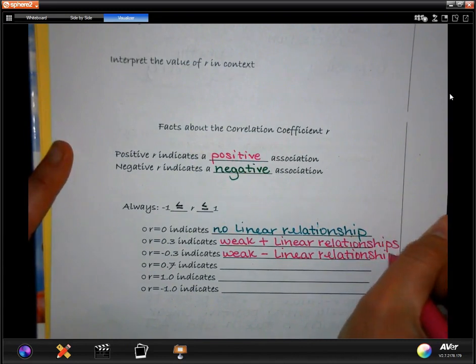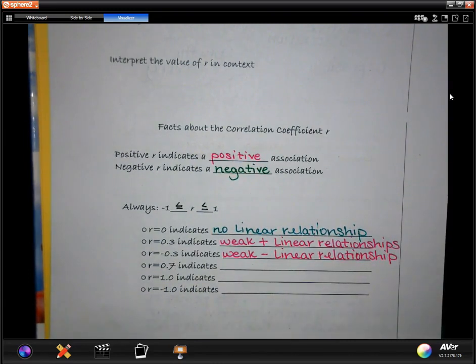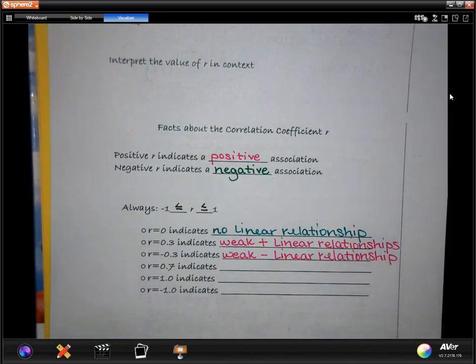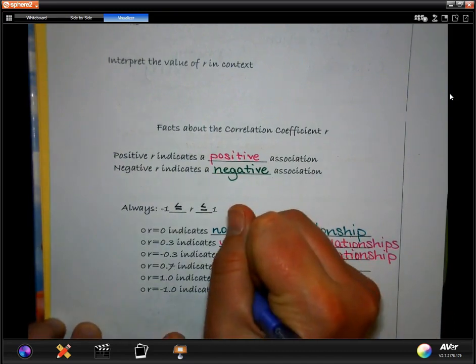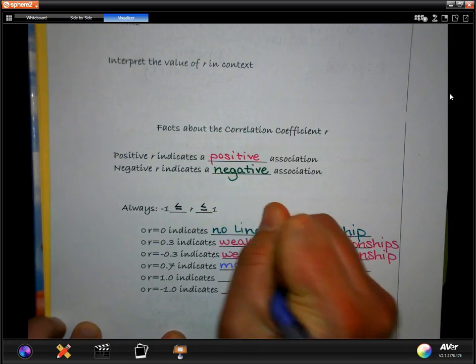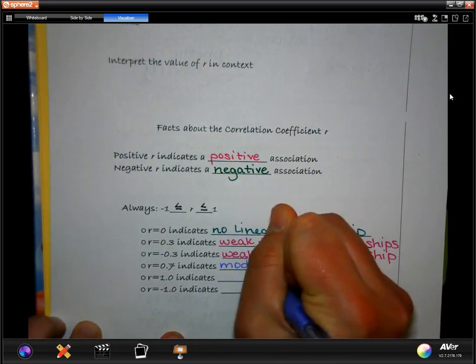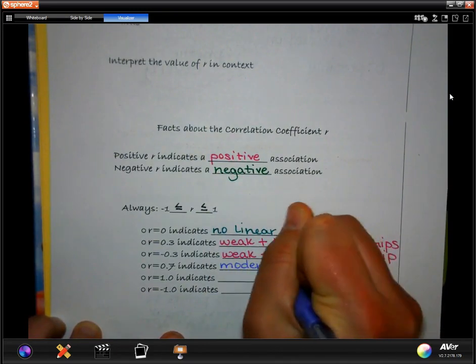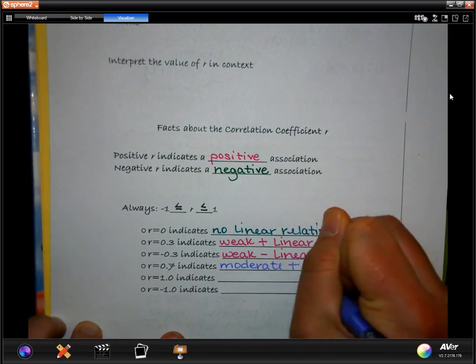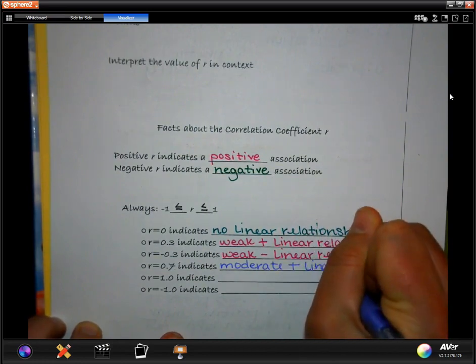If you're around 0.7 or negative 0.7, you would say that is moderate. It's not really strong, it's not weak, so we just say moderate. In this case, the r value I gave is positive, so moderate positive linear relationship.